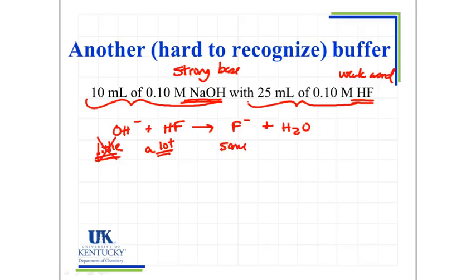It'll all go away, and we will have a little less of this and some of that. And what do we have? We have in solution a weak acid and its conjugate base. Therefore, we have a buffer. So when you have a reaction between a strong and a weak, and it undergoes a neutralization reaction, if the amounts are just right, it turns into a buffer.